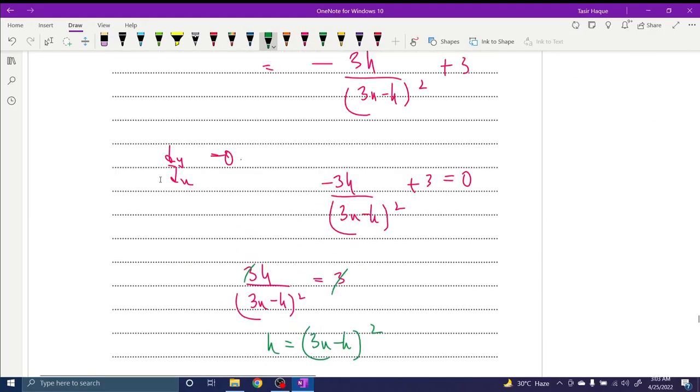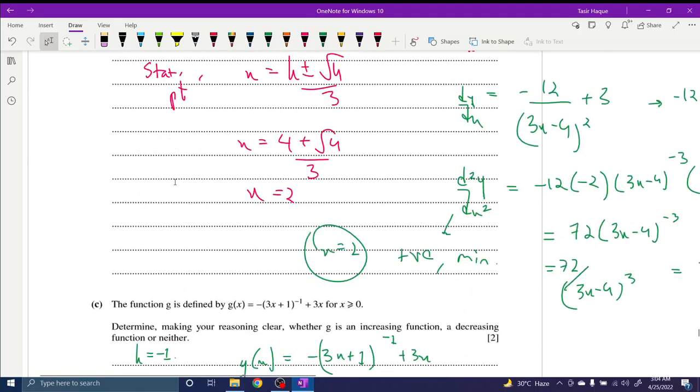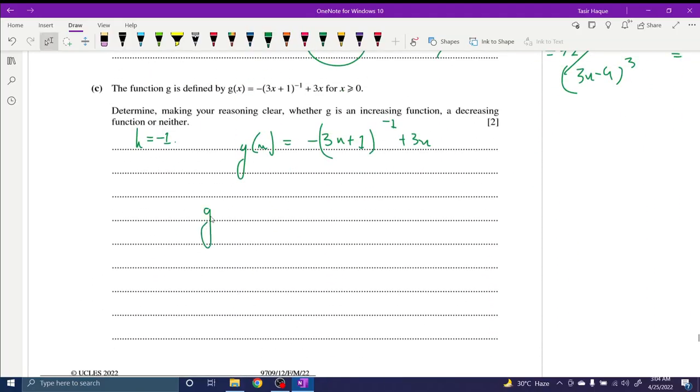So we can find g prime x easily by substituting minus 1 here. What do we get? Plus 3 divided by (3x plus 1) whole square. So g prime x is equal to 3 divided by (3x plus 1) whole square plus 3.